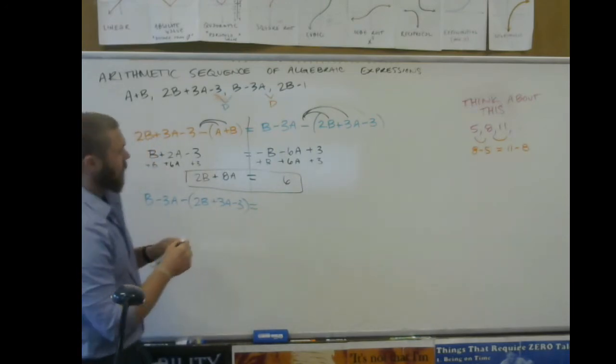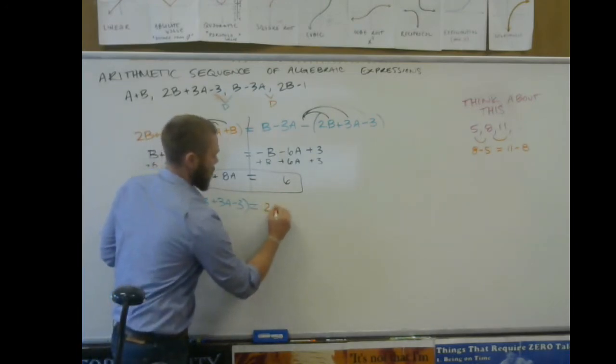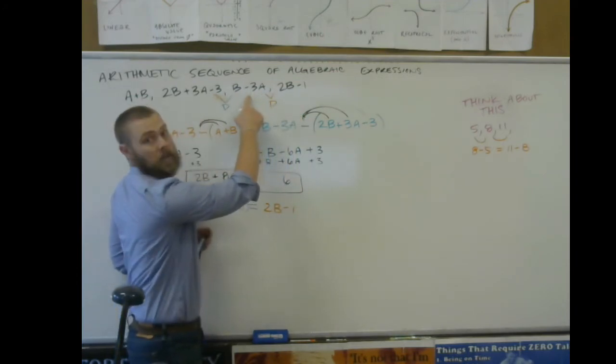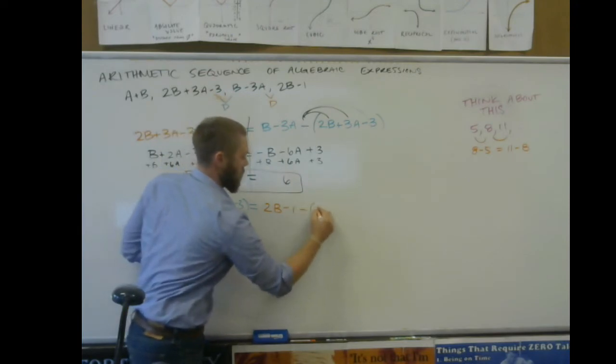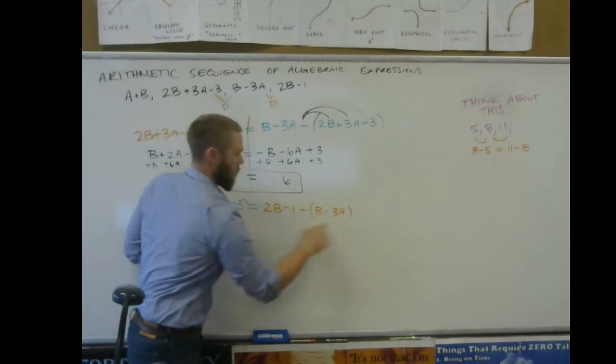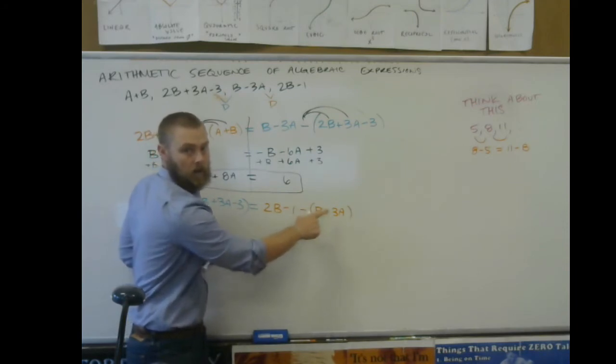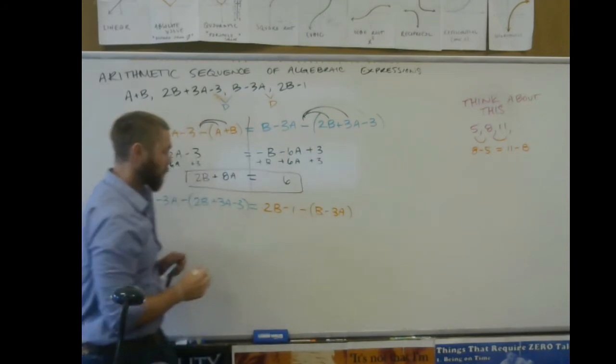Okay, and 2b minus 1 minus b minus 3a. Again, parentheses make a difference, because this minus sign is subtracting the b, and this minus sign is subtracting 3a.